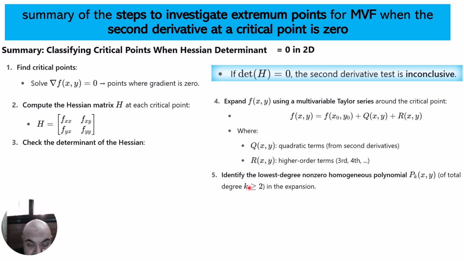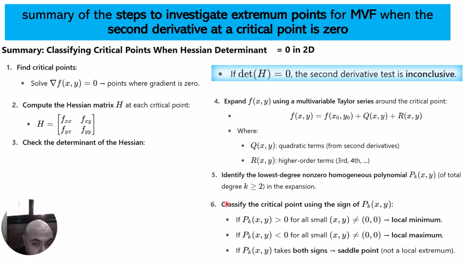Based on identifying the lowest degree of non-zero homogeneous polynomial of total degree k, which must be greater than or equal to 2, because the second order derivative already failed, so I need to go through the third and fourth.